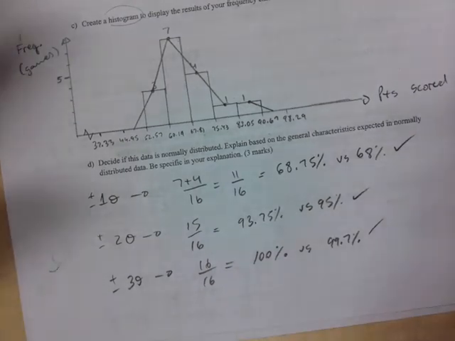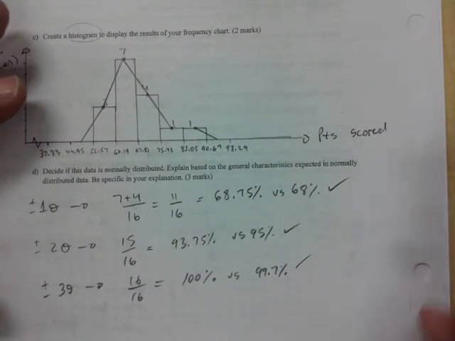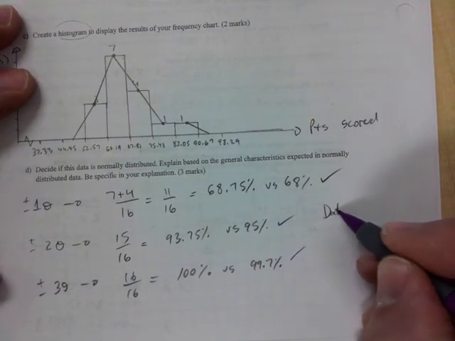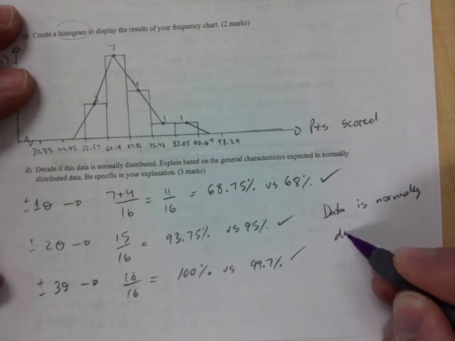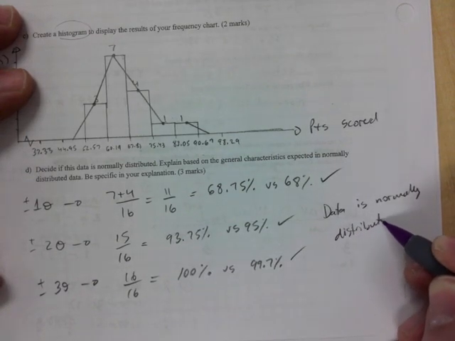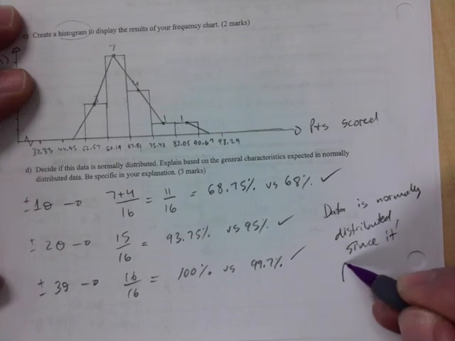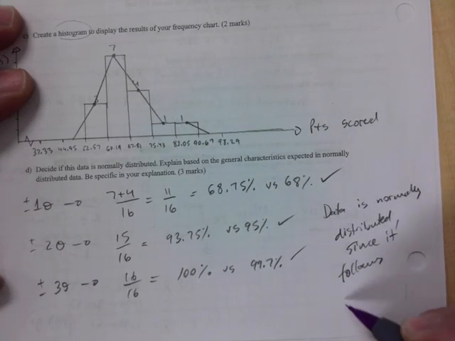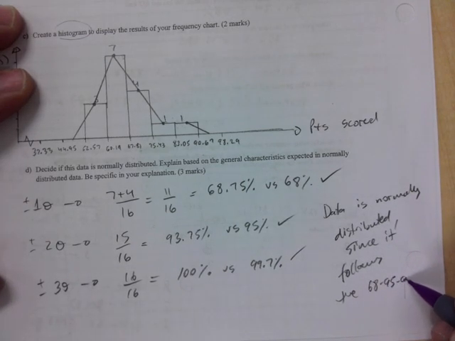So this passes, right? So we would conclude here, data is normally distributed, since it follows the 68, 95, 99.7 rule.